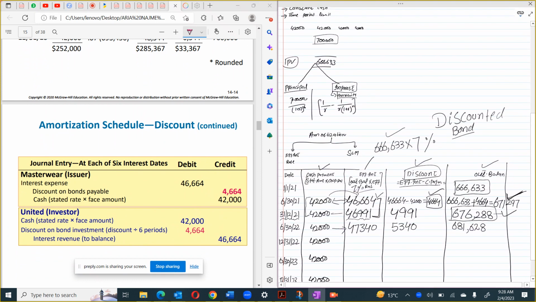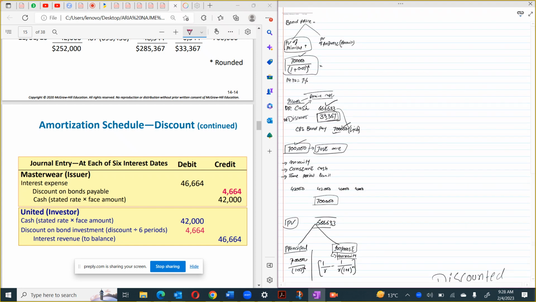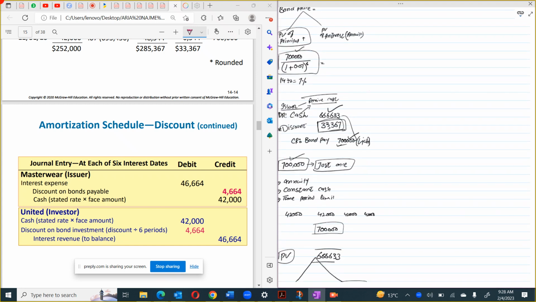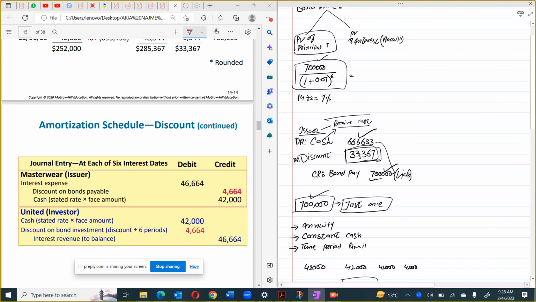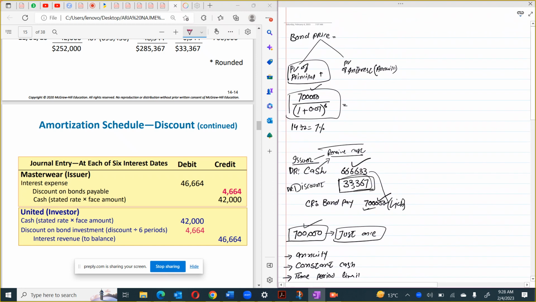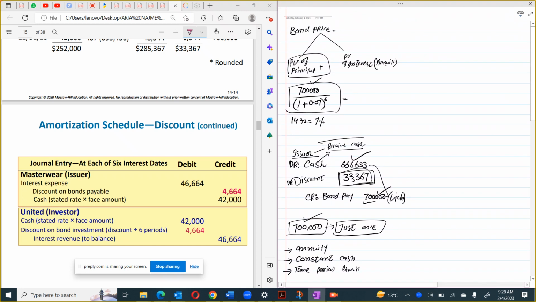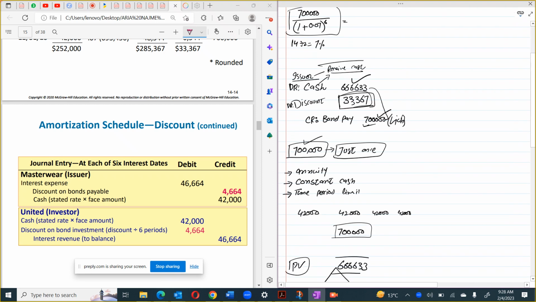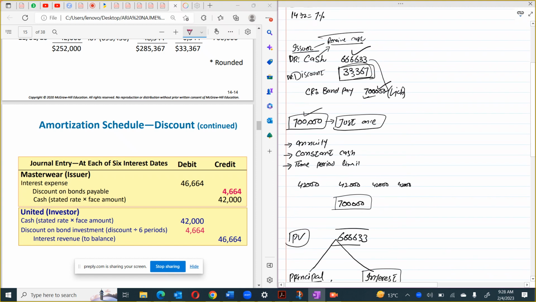Yeah, I have started from here. First of all, we calculated the present value of two things: present value of principal, then present value of interest. How do I calculate the present value of principal? I applied the formula of future value. And how do I calculate the present value of interest?